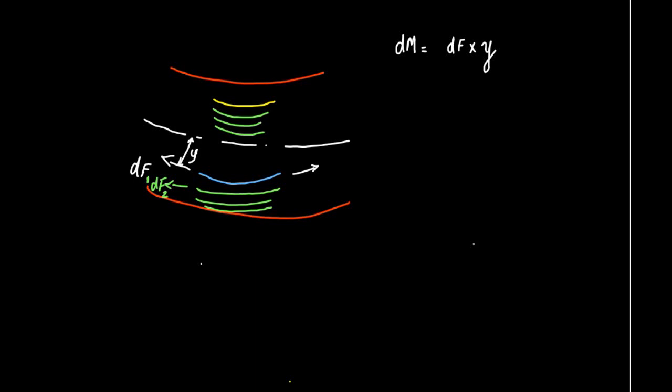Now, if I want to find the total bending moment, I have to sum all the bending moments exerted by each of these small forces. So this is the bending moment expression for one force. All I have to do is sum all the forces. So Newton said, just sum it. But Newton would not write the letter S in this fashion.